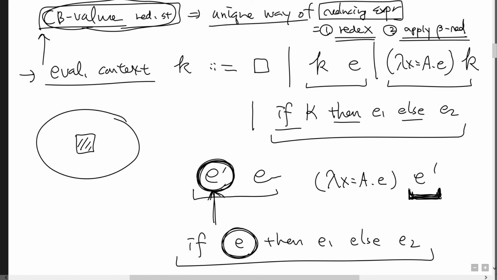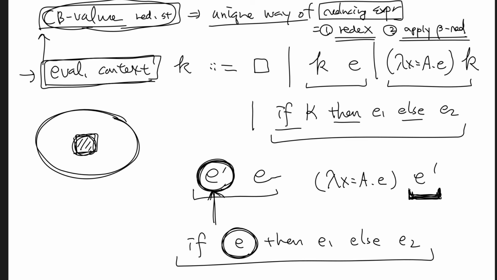Now let's think about this evaluation context. Evaluation context is basically some expression with a hole in it. And this hole is going to be the position where the next red x is found. So evaluation context tells you where to locate the red x. And this reduction strategy tells you where to locate the next red x.